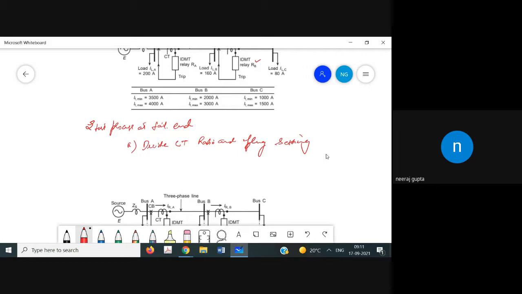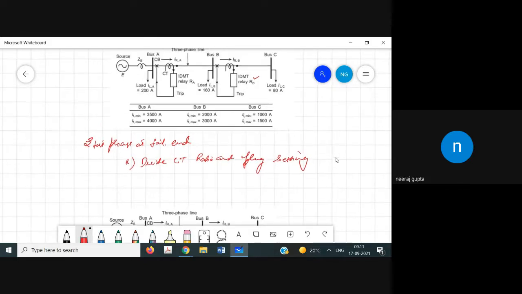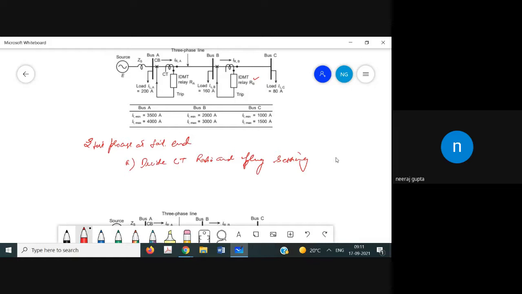At relay B, we have to see the maximum load current, assuming 25% overload.